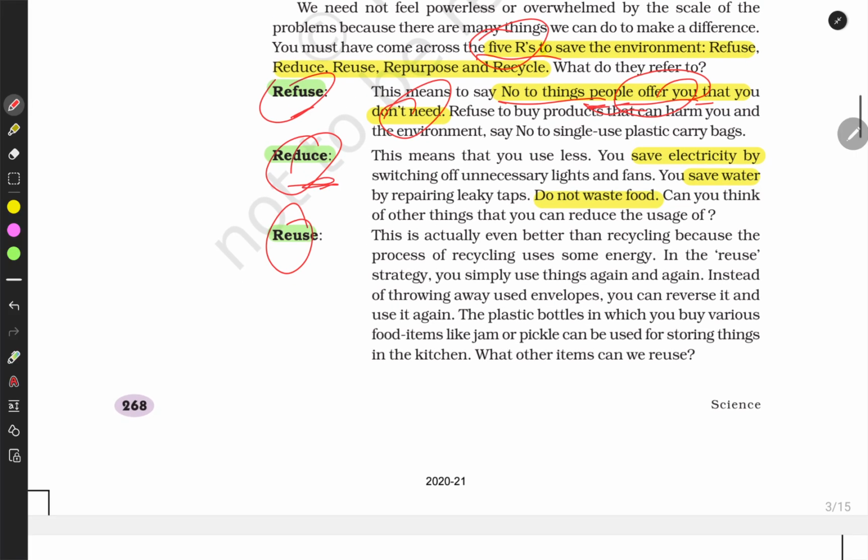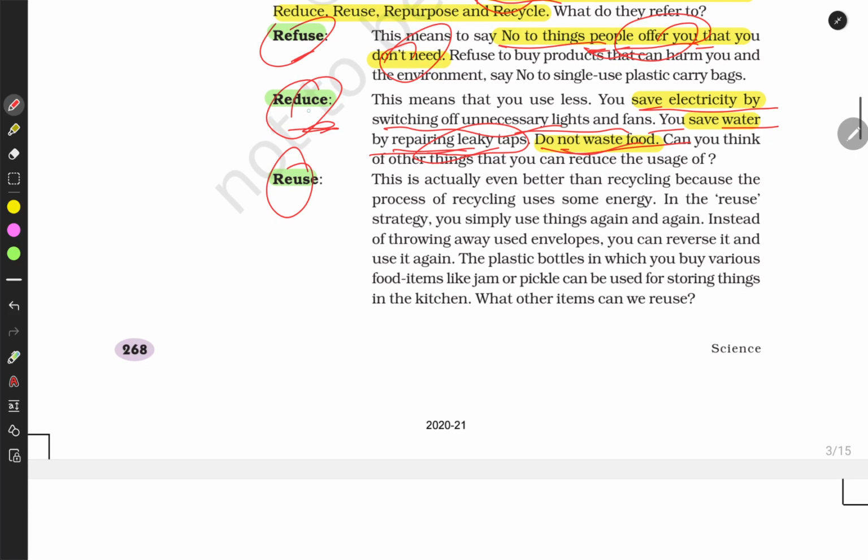Second is reduce. We should reduce consumption, like saving electricity by switching off unnecessary lights and fans, saving water by repairing leaking taps, and not wasting food. Then reuse. Something can be reused again and again.